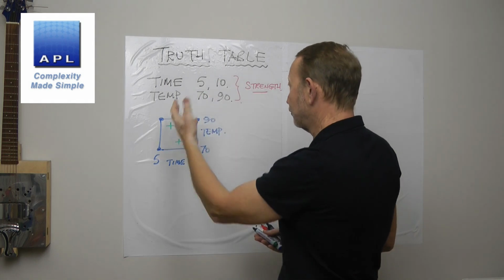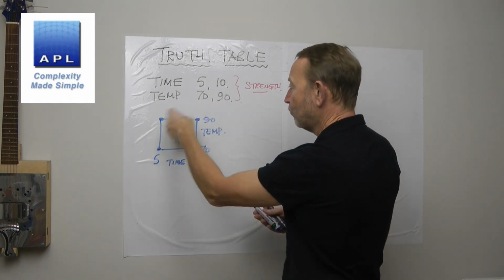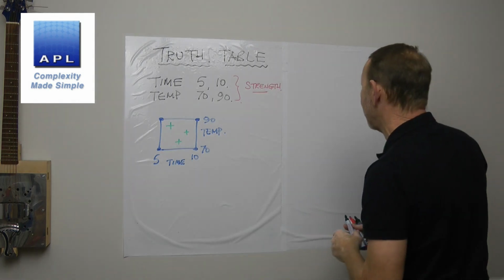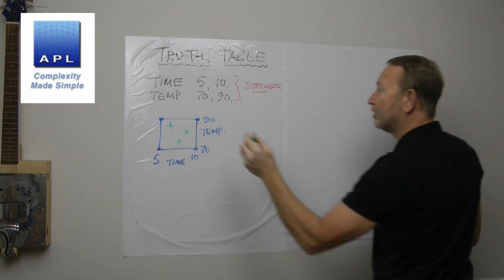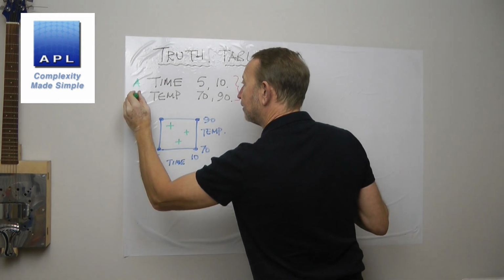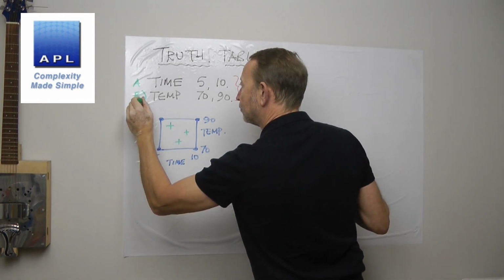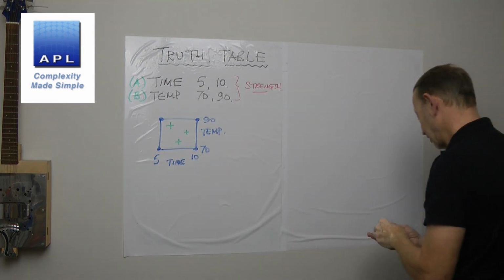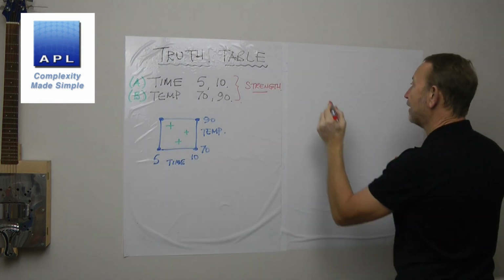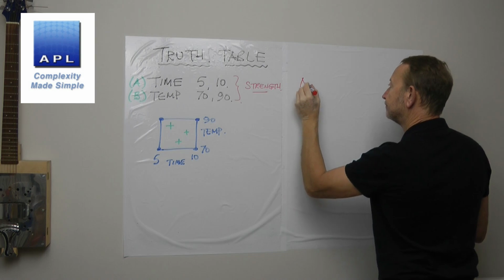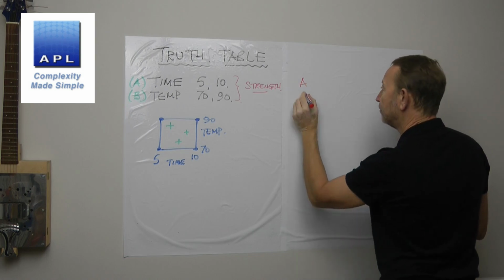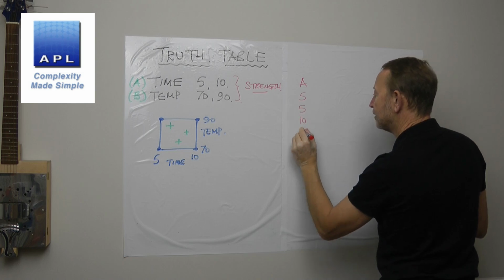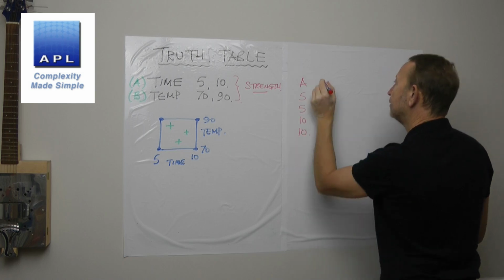Now, in theory, what this is telling you to do, of course, is make 4 tests. There's 4 corners on our design space. So the 4 tests would look like this. We'll call this factor A, by the way. We'll call that factor B. So let's have a look. Factor A would be, of course, time. And we would test 5 and 5, 10 and 10.